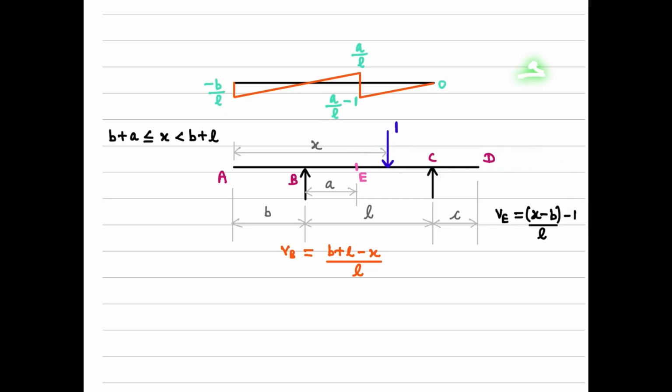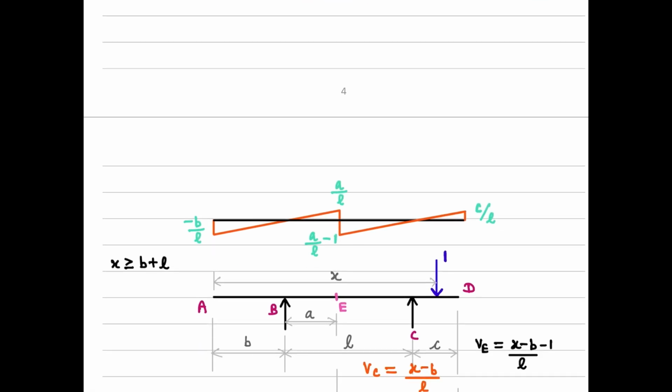Mind that a by L, being a small value, will be positive, but when I find a by L minus 1, we get a negative value. That's why it flips to the other side here. And then the extreme value is b plus L, which corresponds to this point C. If I substitute b plus L here, you just get a value of 0. That's why at this location we have a value of 0.